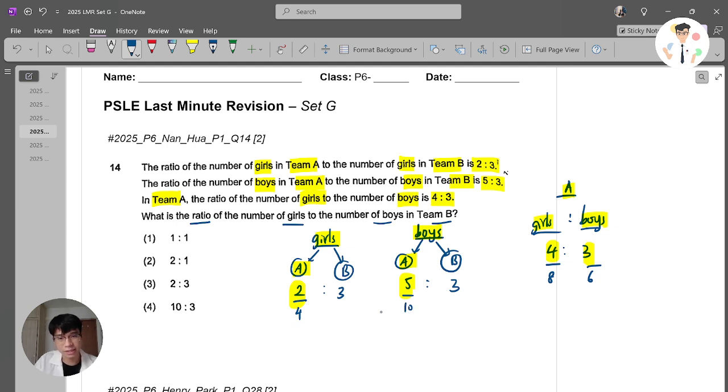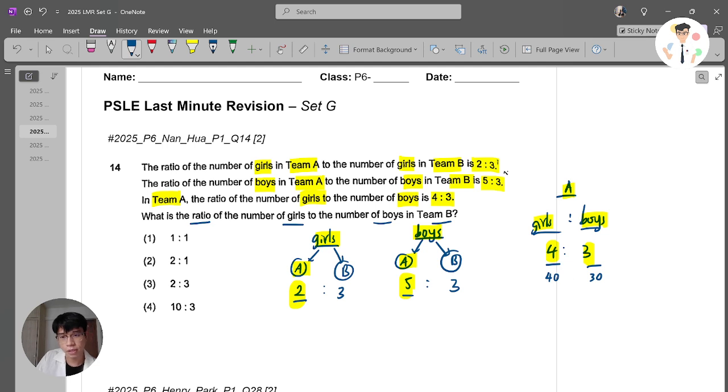We need to try to make this and this the same. In simple terms, I need to find the multiple of 2 and 5 and the multiple of 4 and 3 and find the common one. If you try it out, or if you are good in math and have a mathematical sense, you should know that 40, 30, which I multiply by 10 by 10, is actually a good option here.